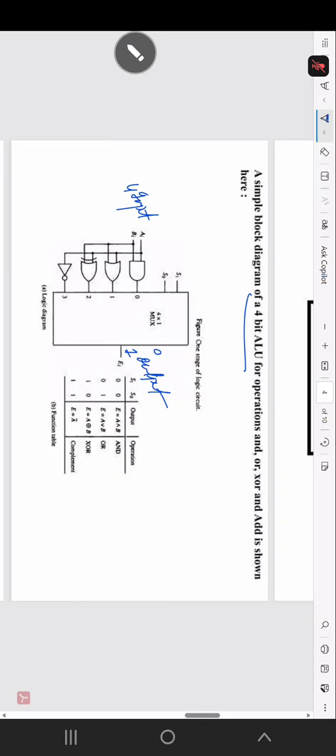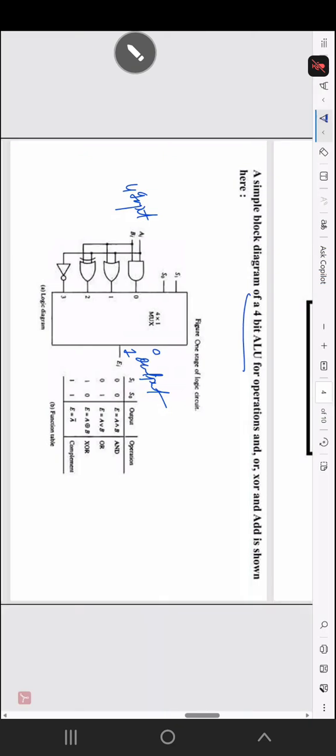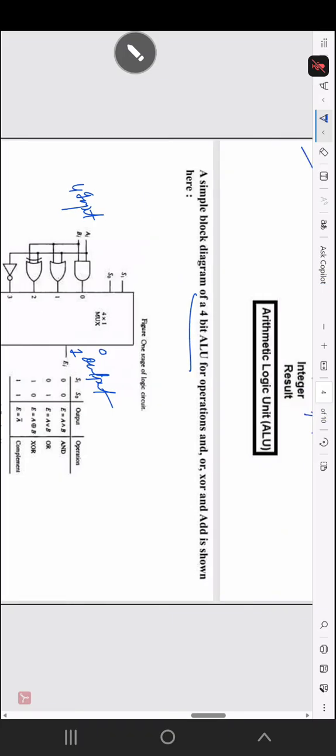So you can see here, there are 4 inputs and 1 output. This diagram shows a logic circuit diagram.